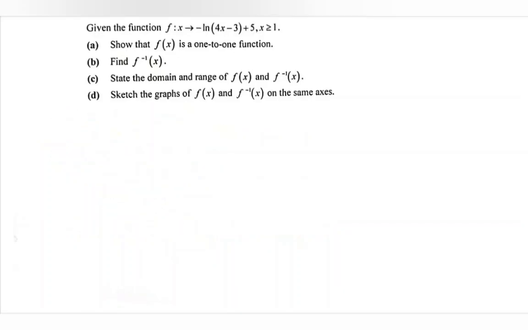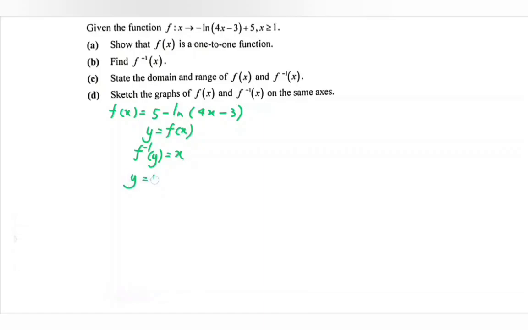Part B is to find the f inverse. So let's say we have f(x) equals 5 minus ln(4x minus 3). Let y equal f(x). So we have the statement f inverse of y must equal x.